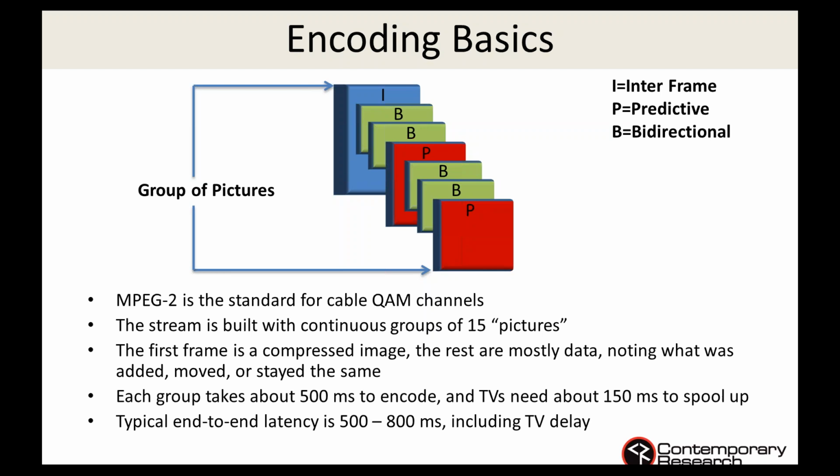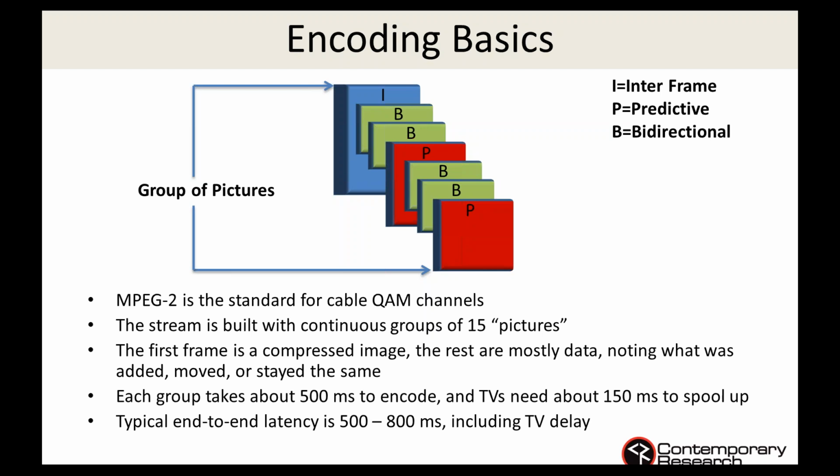And all that means in MPEG is that you start with a bunch of pictures. The first picture is the only actual picture. It looks at a compressed image of that screen grab. The rest of the pictures that follow look at each other and try to figure out what moved, what color changed, what stayed the same, and what's added, and that's expressed simply as data.